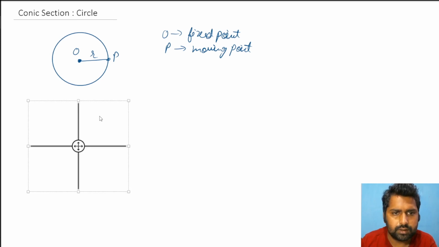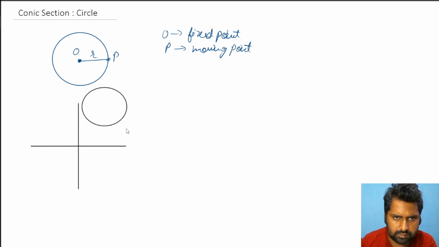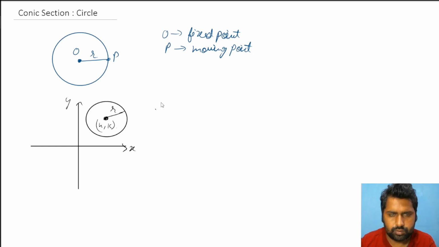Any circle, it can be anywhere, in the first quadrant, second or anything, by the x-axis. Let's say the radius is r, and the coordinate of center is h comma k. So what is the equation of the circle?